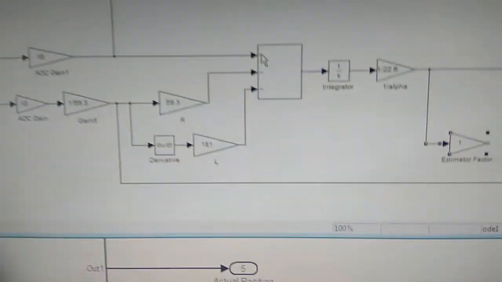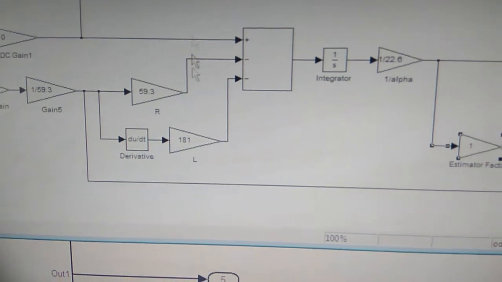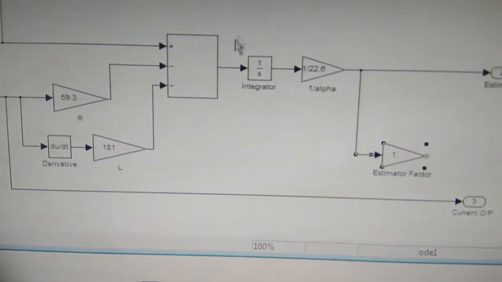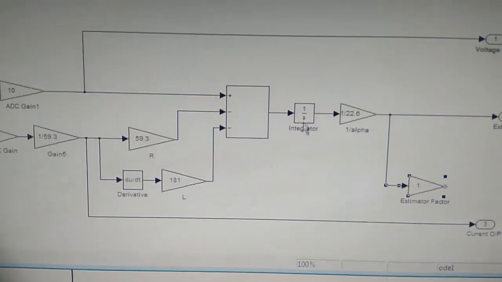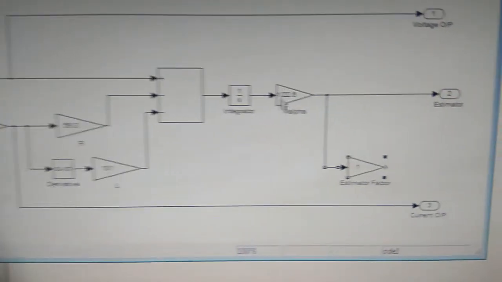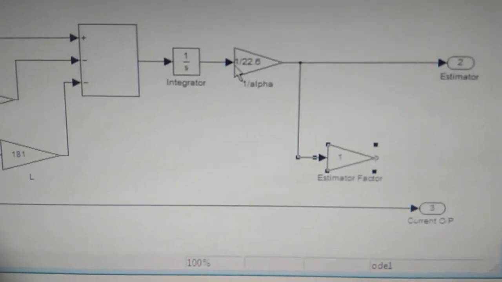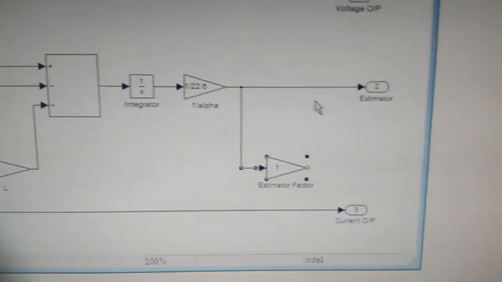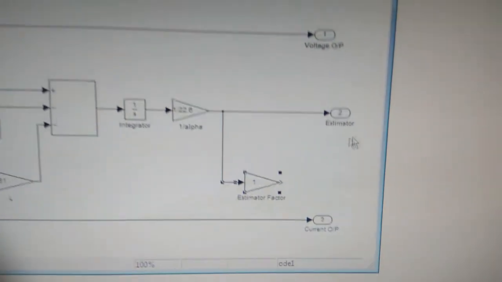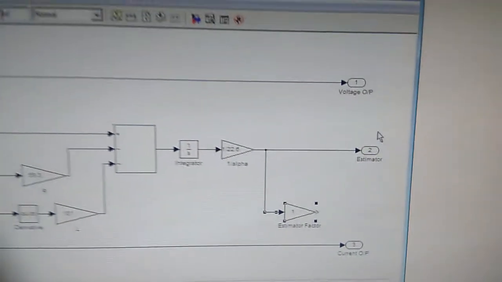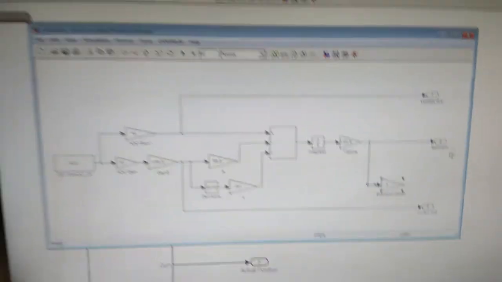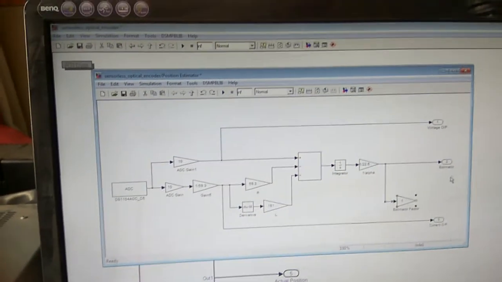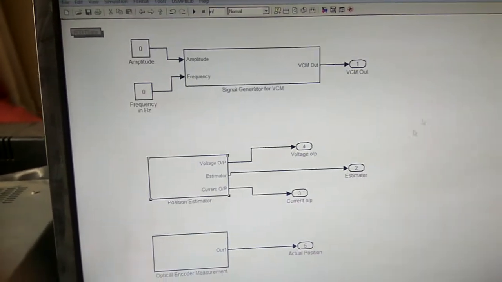This is a voltage, and this algebraic sum is then integrated over time, and this integration is multiplied by 1/alpha, a motor parameter, which results in the actual position of the coil.